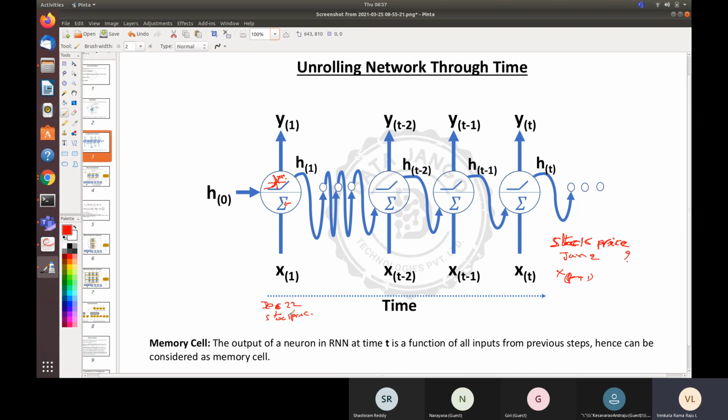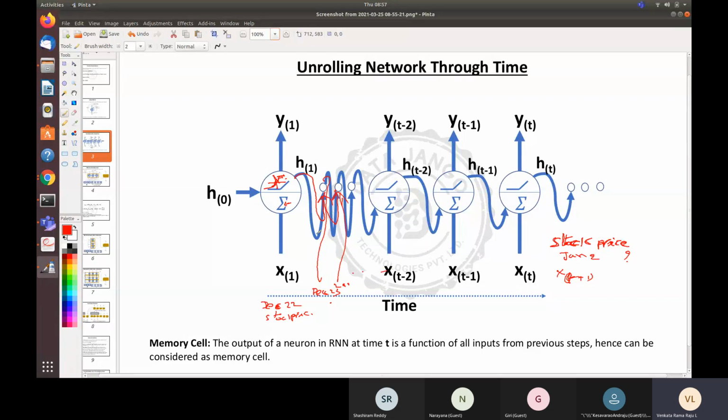So it is taking December 22nd stock price understanding, and the understanding is passed to the next node, along with the December 23rd stock price, right? The understanding is passed to the next node, and then along with the December 24th stock price, like that it is going to be.